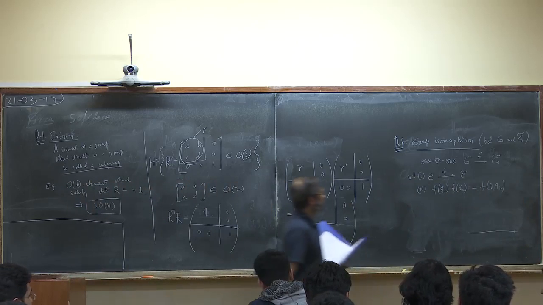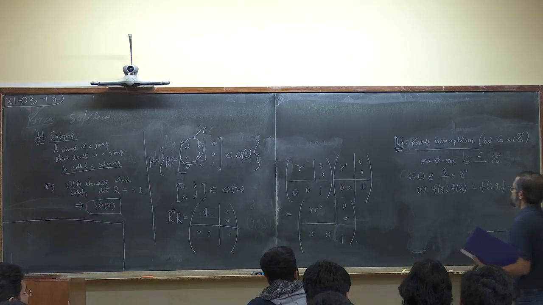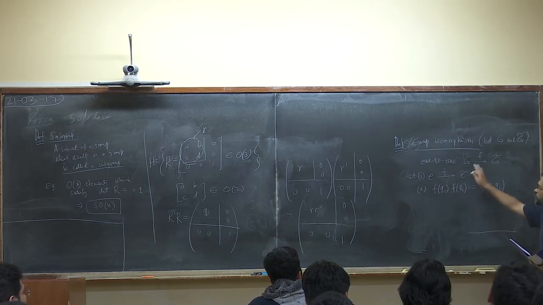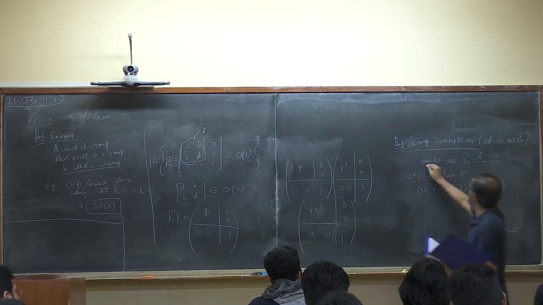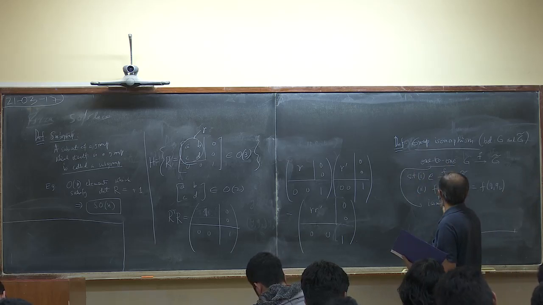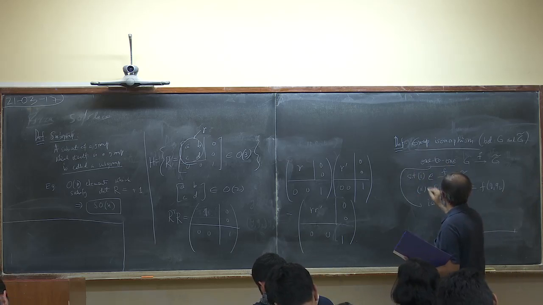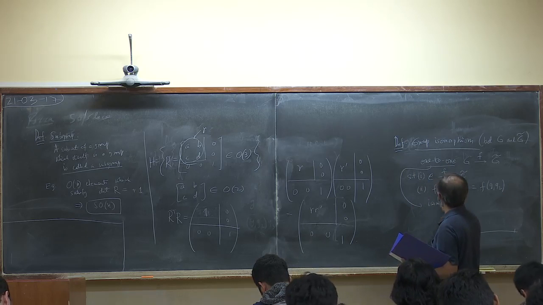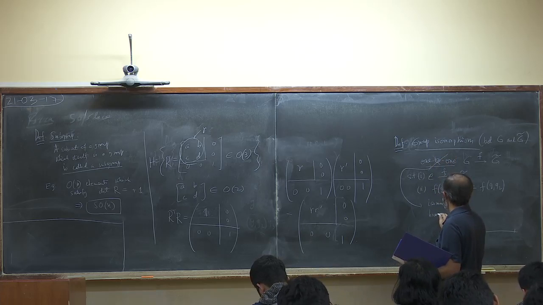So that's another property. If I just remove the one-to-one property, then this is called homomorphism. This one-to-one here is isomorphism.